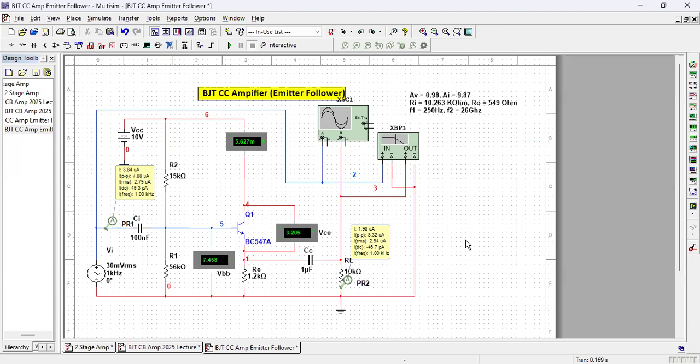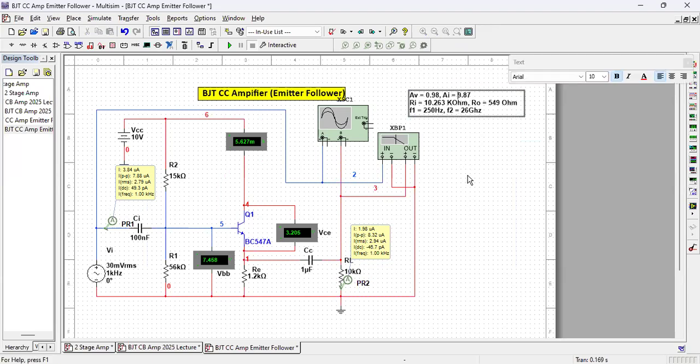So current gain is 8.32 divided by 7.88, which is 1.05. So current gain is 1.05.